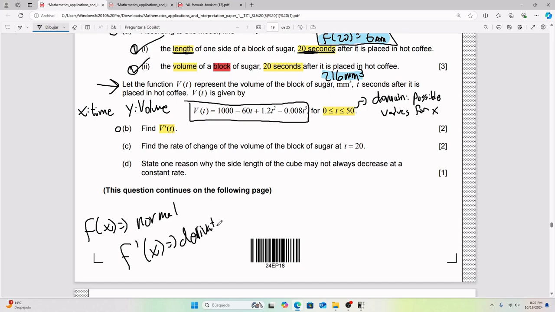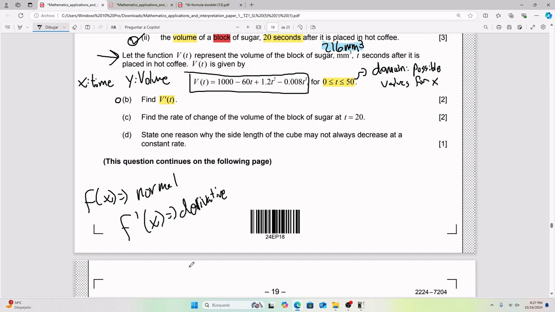And then you can have this with the -1. This isn't a 1, this is like an asterisk thing, much like that symbol here, and f to the power of -1 is actually going to be the inverse. These are the 3 sort of functions that at AISL they can throw at you.